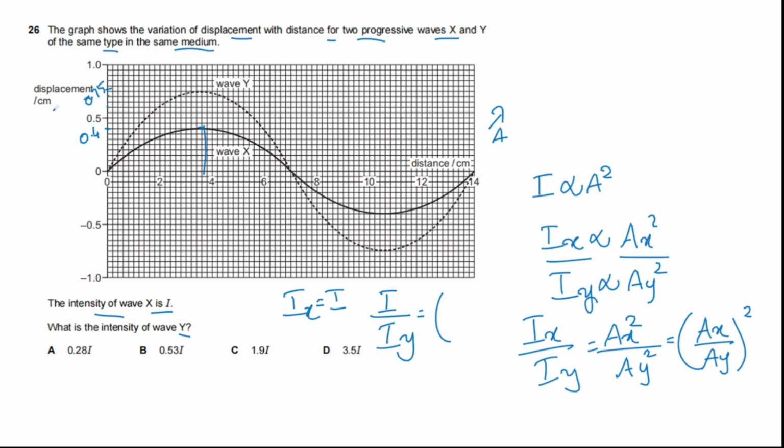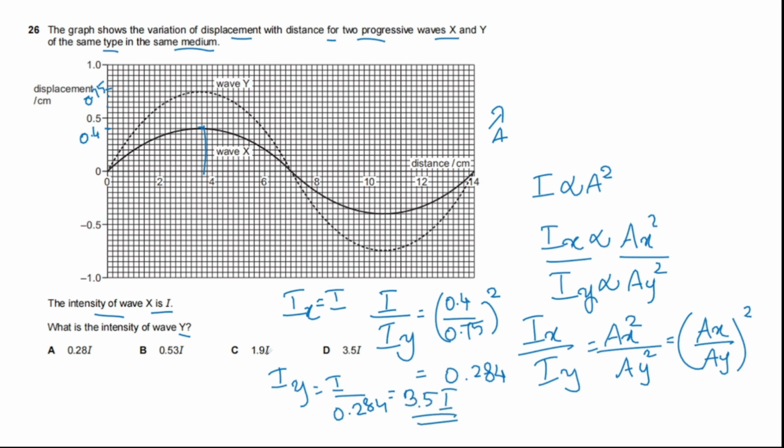These values are in centimeters, but since it is a ratio, we don't have to worry about it. So substitute Ax as 0.4 divided by Ay, which is 0.75, whole squared. After finding this, the value will be equal to 0.284. So for Iy, it will be I divided by 0.284, and that is equal to 3.5 I.